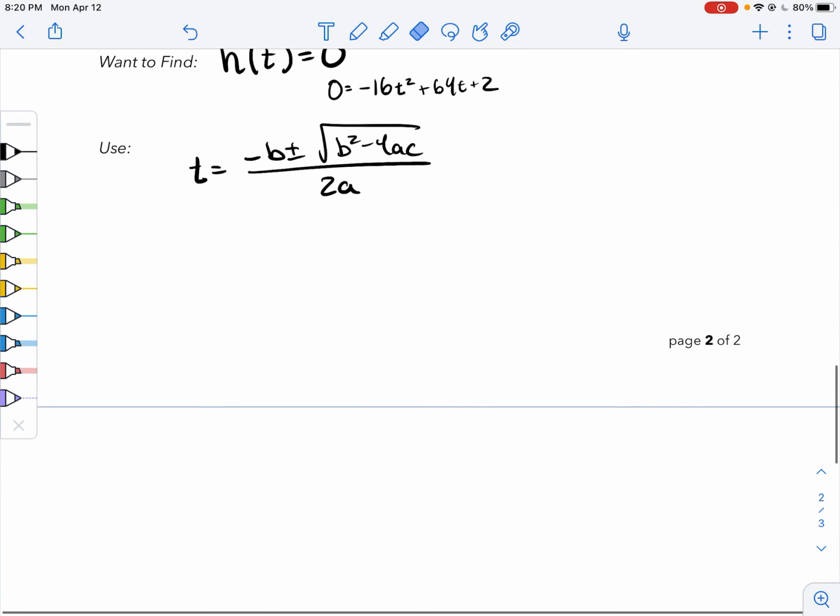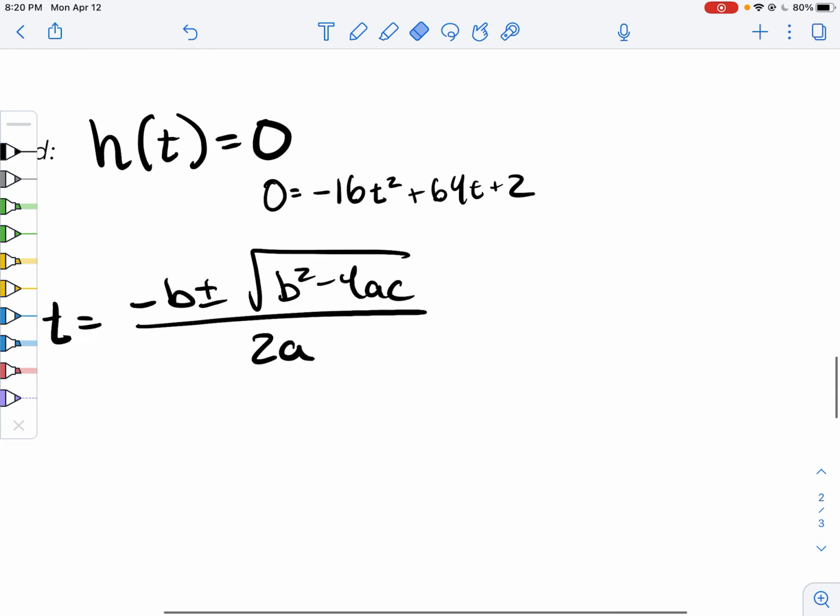Okay, anyway, so what are we dealing with here? Our A is negative 16. Our B is positive 64. Our C is 2.